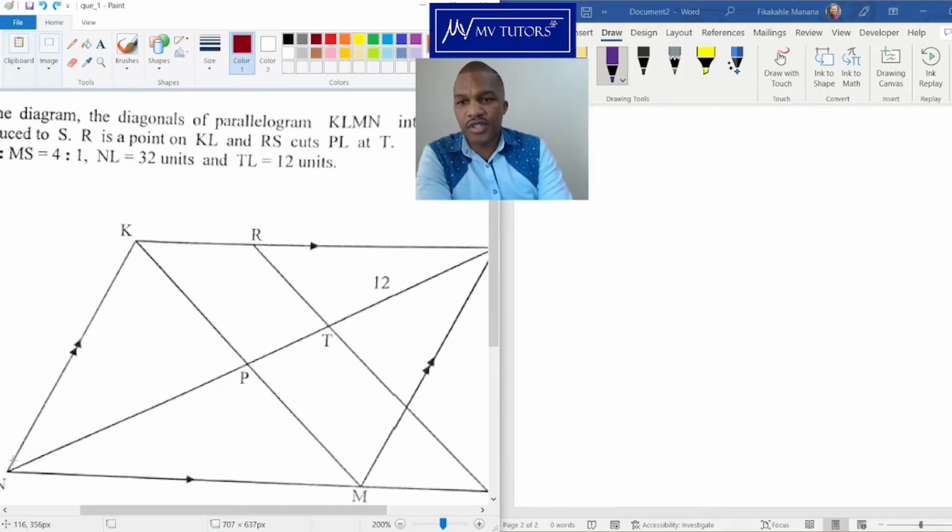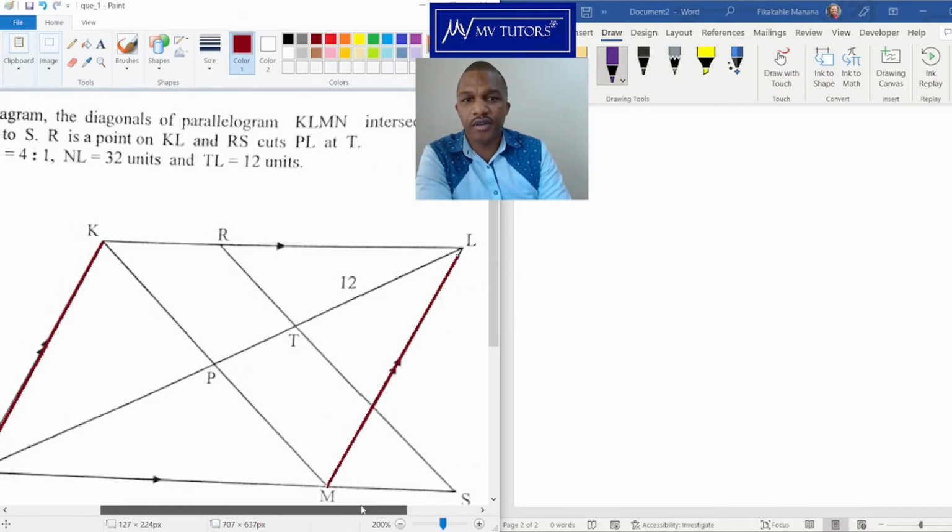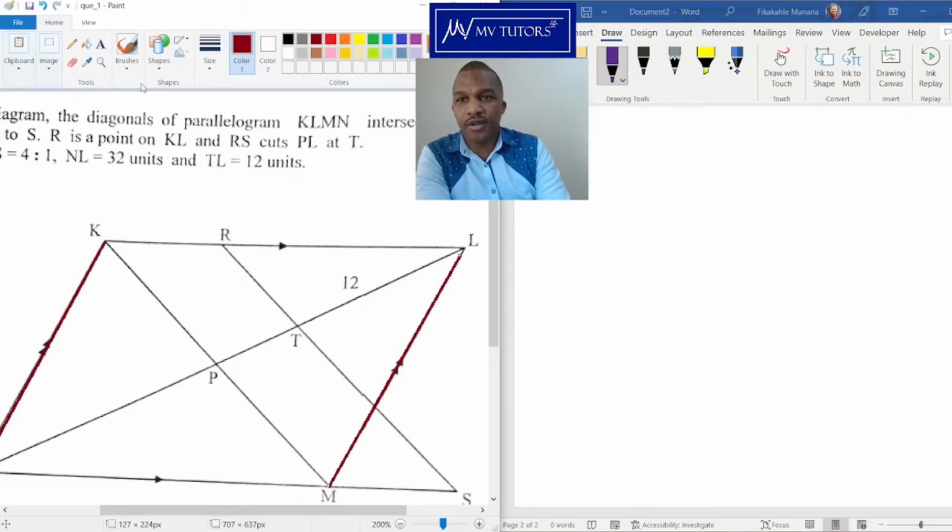First of all, the opposite lines are parallel, and parallel sides are equal, so these lines are equal, number one, and these ones are equal, number two. These are just some clues we're getting from the statement. Also, parallelograms have diagonals that bisect each other, which means this line is equal to that one.